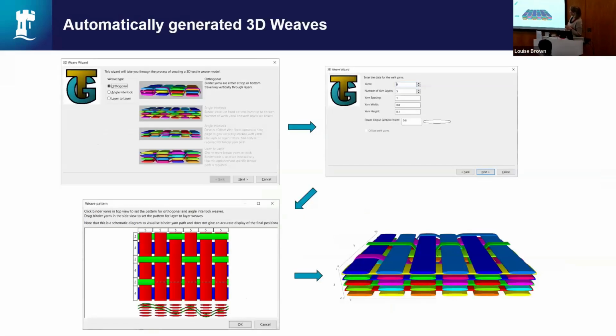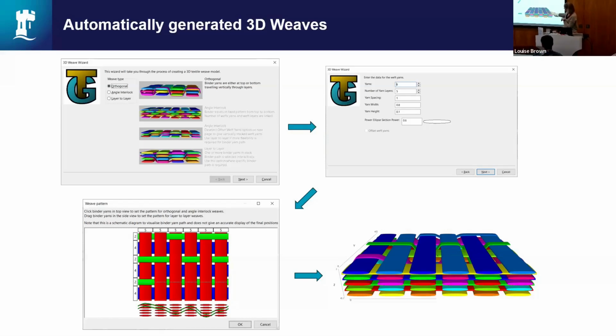And then there's something very similar for 3D yarns. Again, nice and user-friendly. There are these 3 or 4 very typical sorts of 3D textiles that you get. So we've made an inherited class for each of those. Several pages come up in the wizard for the warps, the wefts, and the binders, the yarns that go through. And then again, the weave pattern dialogue enables you to specify which ones go up and down at each of the cross sections, and then it automatically generates the textile.